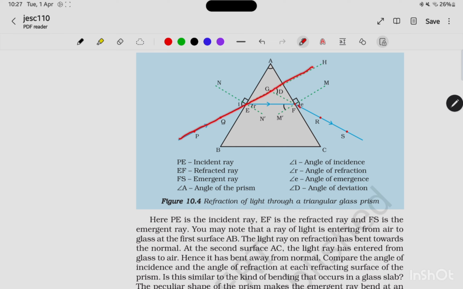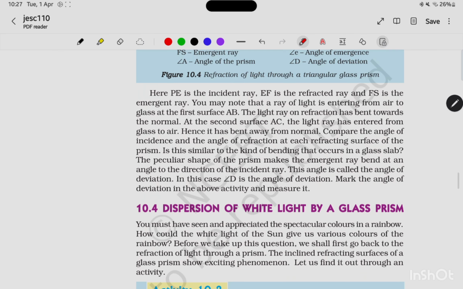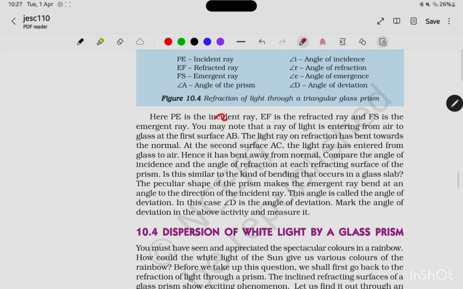And if this ray of light was not refracted or not an emergent ray, then the original light ray will be like this. And this angle over here, angle D, is called the angle of deviation. Important: here, PE is the incident ray, EF is the refracted ray, and FS is the emergent ray.